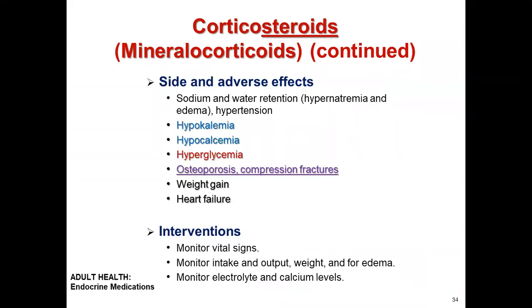So what are the common side effects of mineralocorticoid or cortisol? The NCLEX board likes this question. They frequently ask the question from here. So the common drugs we use in the market, like prednisone or beclomethasone, or Pulmicort or Asmacort, all are steroids.